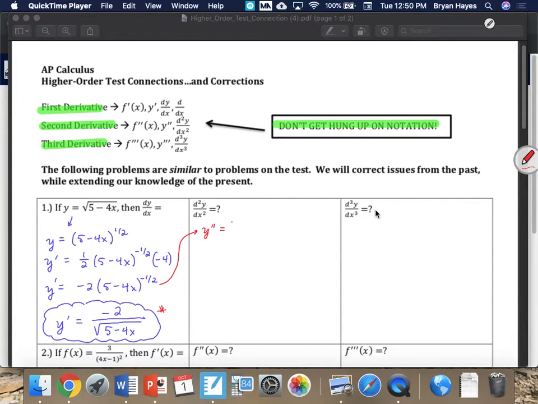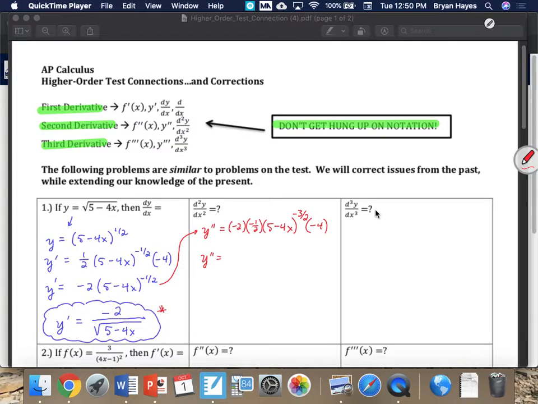We've already got our negative 2 out front. We're going to bring down that negative 1/2. And we've got 5 take away 4x raised to, then here we drop back a power, so that'd be a negative 3/2. And then times that negative 4 again, the derivative of the inside.